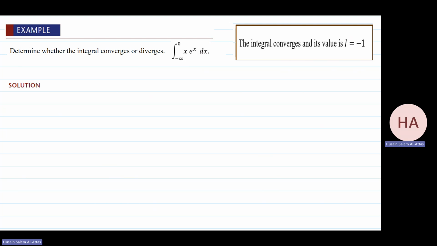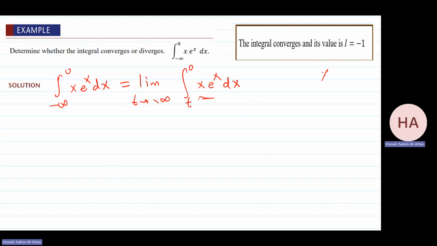This one, I will do it. I have an integral from minus infinity to 0 of x e to the power x dx. That will be the limit as t goes to minus infinity of the integral from t to 0 of x e to the x dx. How to find this integration? Integration by parts or tabular. I have x, 1, 0; e to the power x, e to the power x, e to the power x. That plus, that is minus.